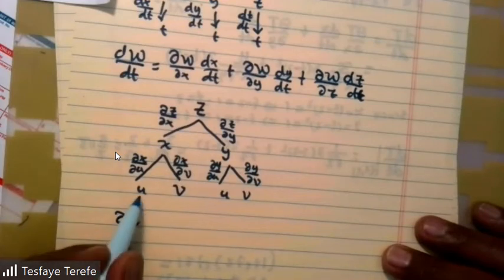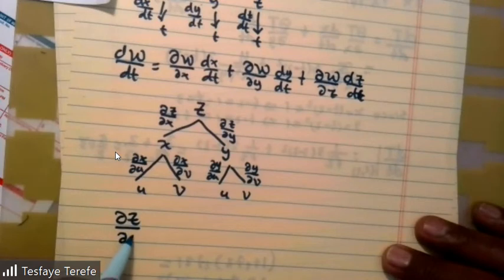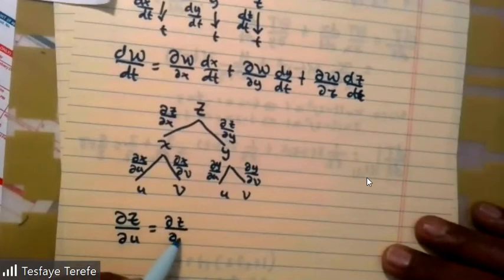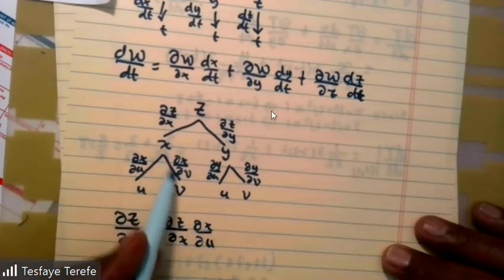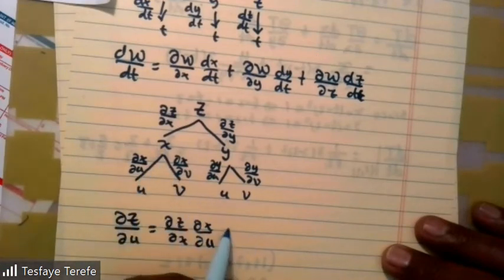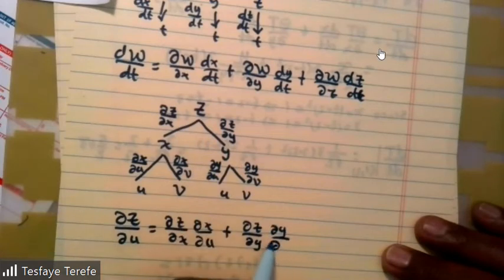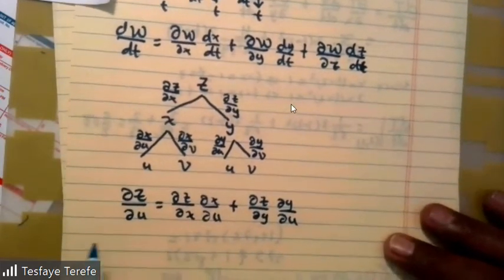The destination is delta u, which is going to be dz dx and dx du. That's it. But this one is involved with v. I'm not going to touch it, and then I'll go this way, and then follow this route. That is the first part.